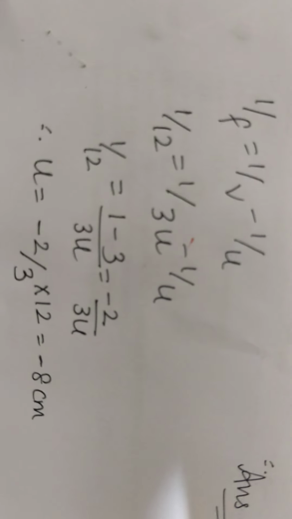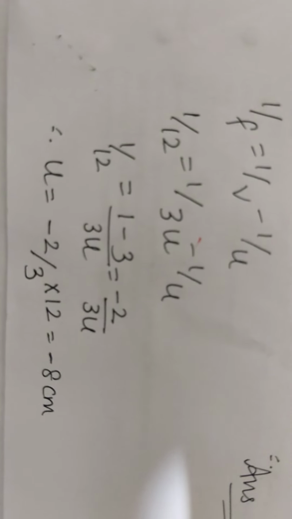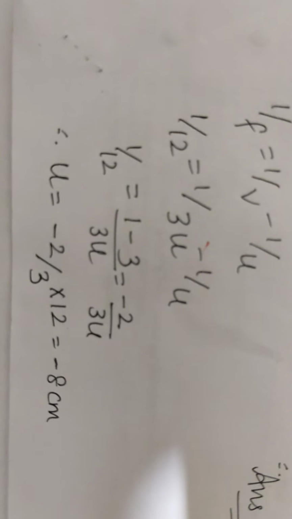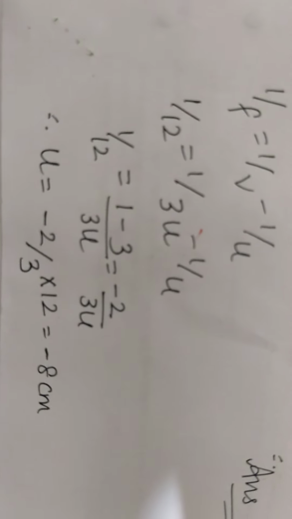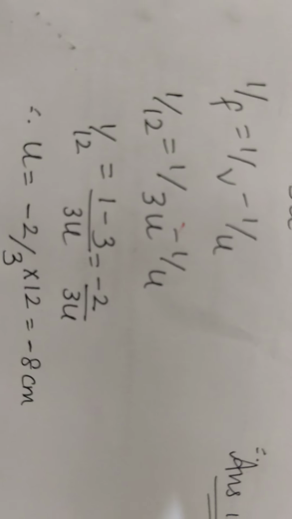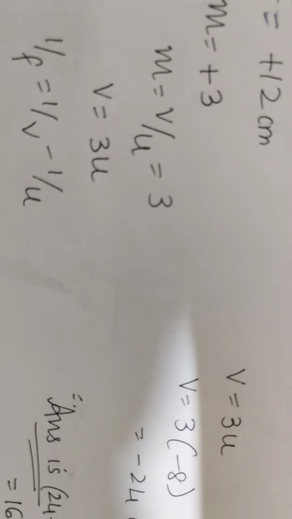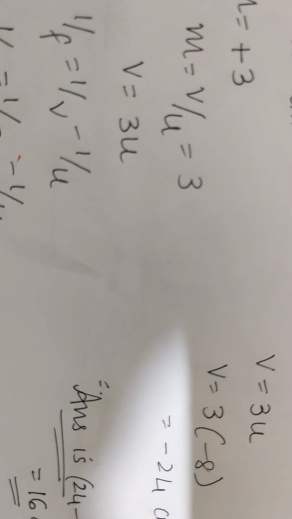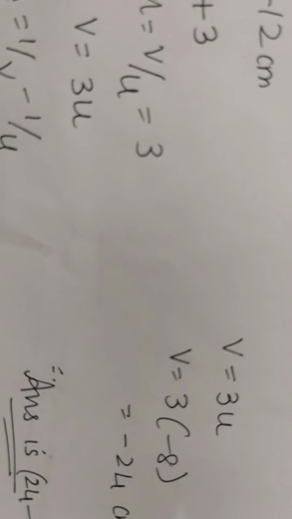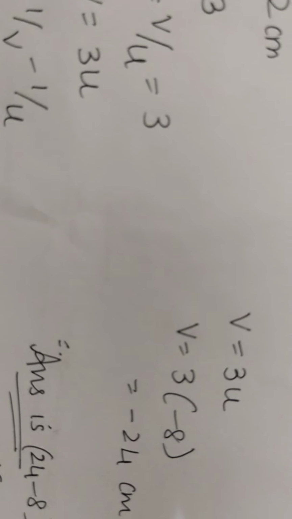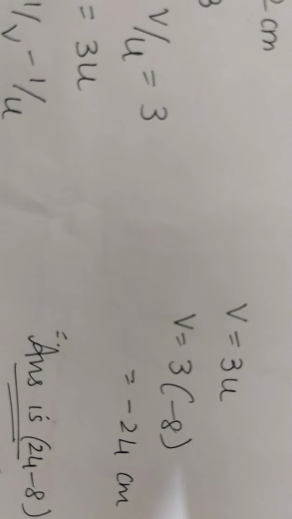Once you have found u, we know that u is expected to be negative because by sign convention, object always lies on the left hand side. So it is 8 cm away from the optical center of the lens. Now we have to find the distance between the object and the image. So let us find the image distance, v, which is 3u. So putting the value of u, we get v is minus 24 cm.